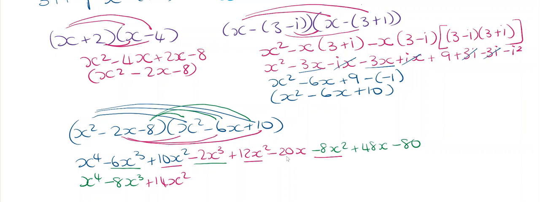And then we got minus 20x and plus 48x, so that is going to be plus 28x. And then we have minus 80. So here is our final answer. So this is our polynomial function of least degree.